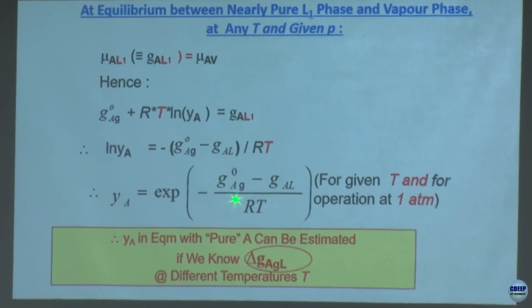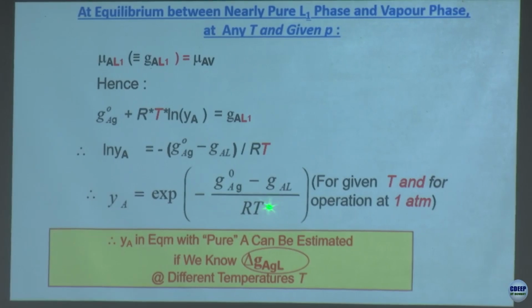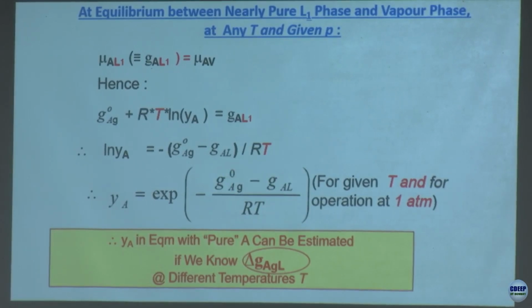If we know the difference between the molar Gibbs free energy of A in the gaseous phase and the liquid phase at any given temperature, you can find out Y. That is a very simple piece of information we can extract from this elaborate but very straightforward algebraic treatment. So, YA in equilibrium with pure A can be estimated if we know delta GAL at different temperatures.